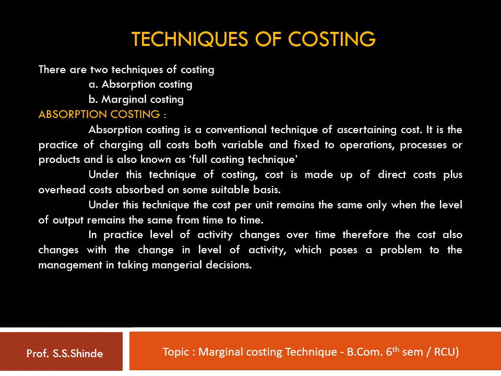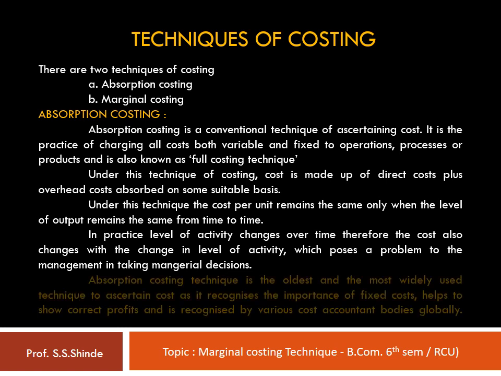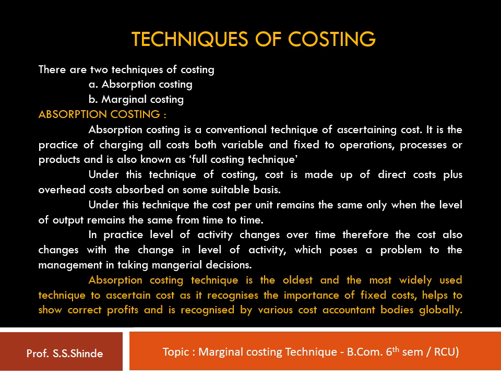Therefore, the cost also changes with the change in the level of activity, which poses a problem to the management in taking managerial decisions. Absorption costing technique is the oldest and the most widely used technique to ascertain cost, as it recognizes the importance of fixed cost, helps to show correct profits, and is recognized by various accountant bodies globally.